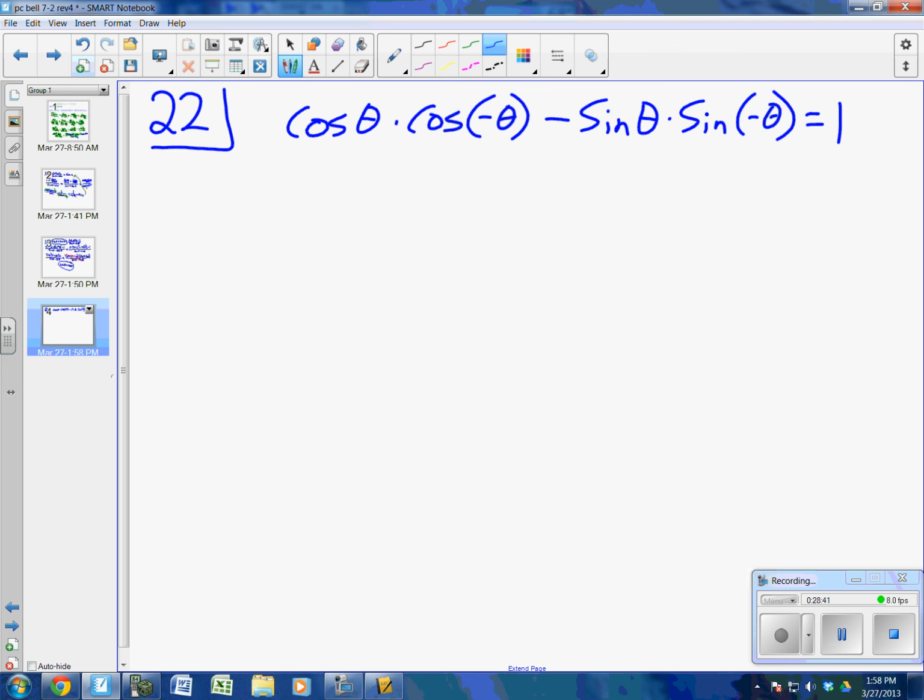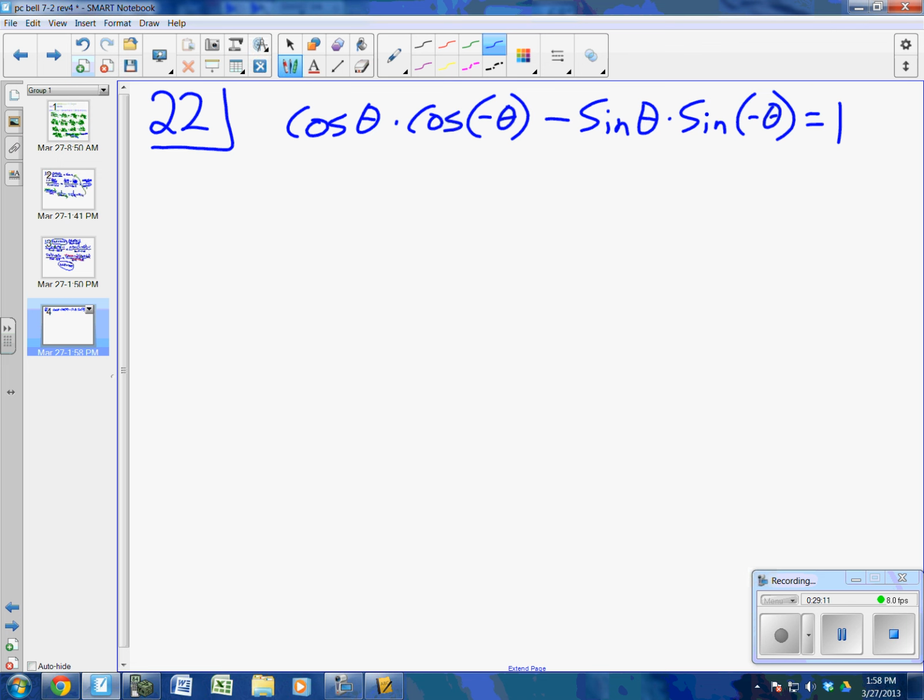Oh, this one's an easy one. Hey, you guys, look in your notes. When you take the cosine of a negative or the sine of a negative, one of them ends up being negative and one of them ends up being positive. Which one ends up being positive? Look at cosine of negative theta.